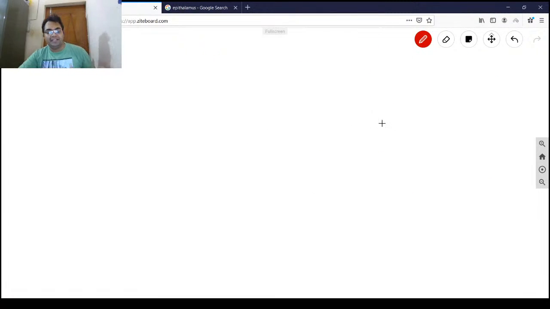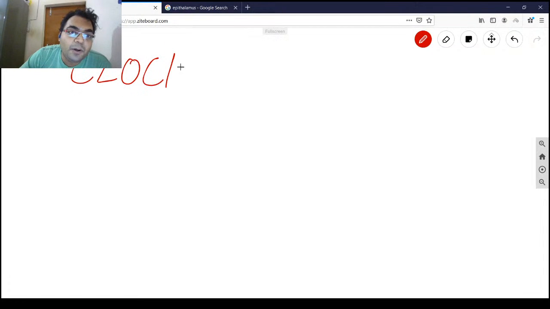Since you're talking about the sleeping pattern, you must know about the sleeping cycle and you must be curious to know about it. So there is something known as the clock gene.